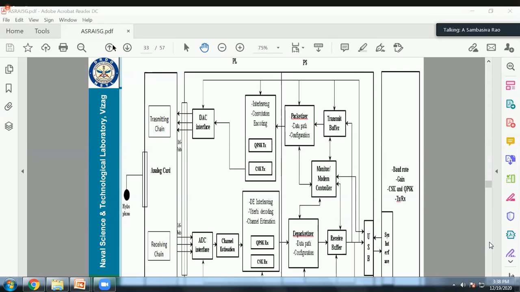Now see, this is the PS, processing system. This is the PL, programmable logic. The FPGA we are calling PL, and the processor part we are calling PS, the processing system. Some Corel is the firm that is training in programming. You can contact them and have a session on how to do SDR and MATLAB codes.